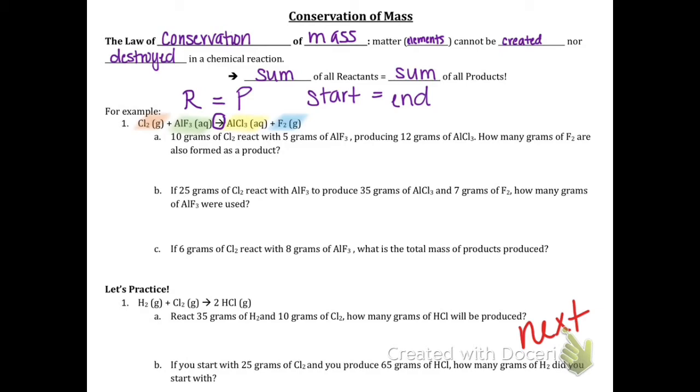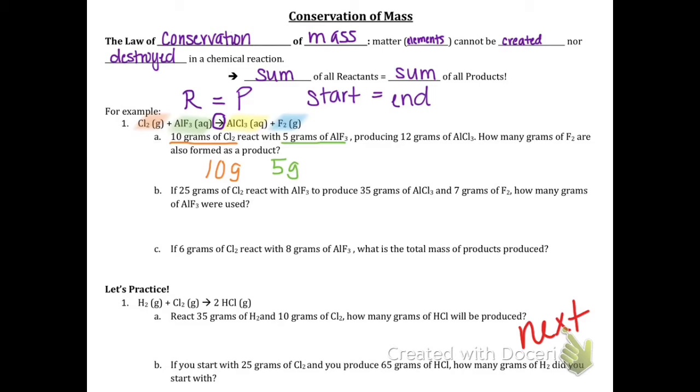So if we were to label all our numbers, 10 grams of chlorine is what we're starting out with. So 10 grams. Then we have 5 grams of aluminum fluoride, so I'm going to have 5 grams on this side.